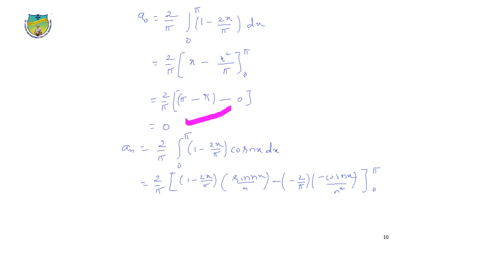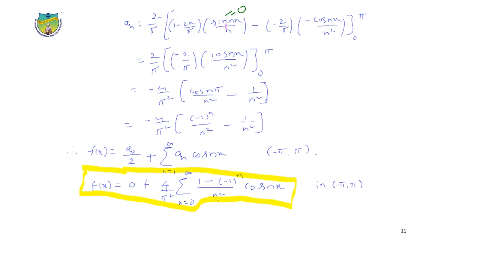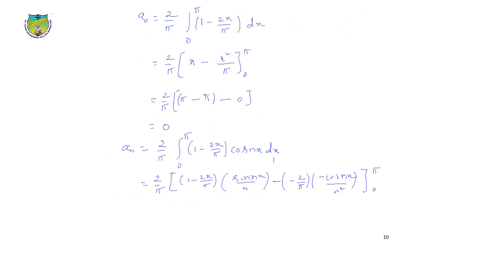An, which we have to calculate, similar to the previous problem. The function is 1 minus 2x by pi into cos nx. Integration by parts: keep 1 minus 2x by pi as it is. Integral of cos is sin nx by n. Then derivative of 1 is 0, minus 2x by pi gives minus 2 by pi.